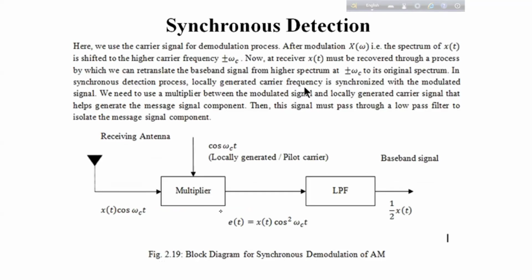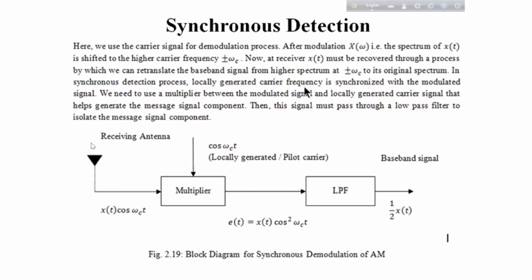This is synchronous detection. We already have some basic idea about this process. This block diagram shows the receiving section.